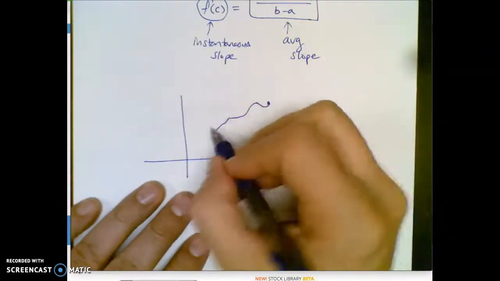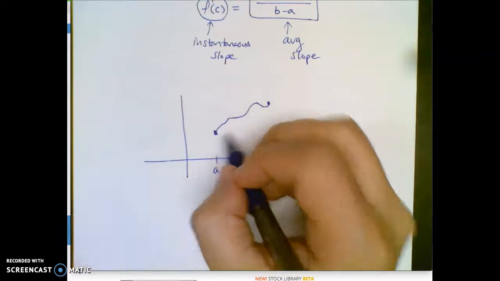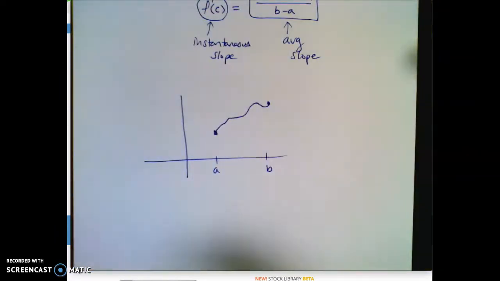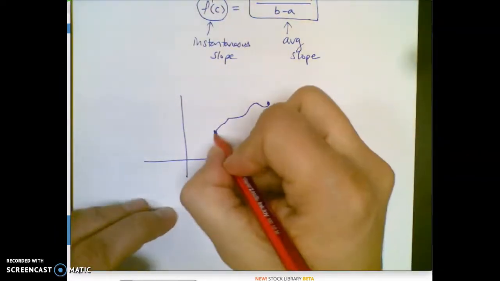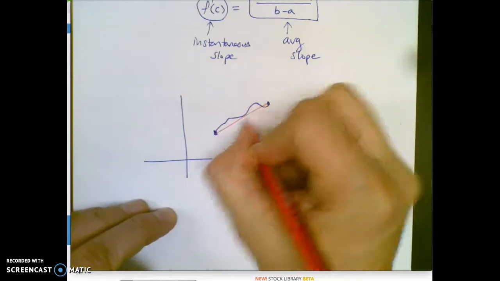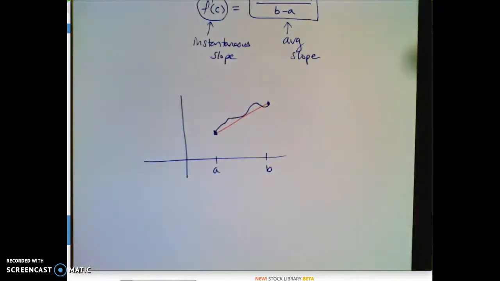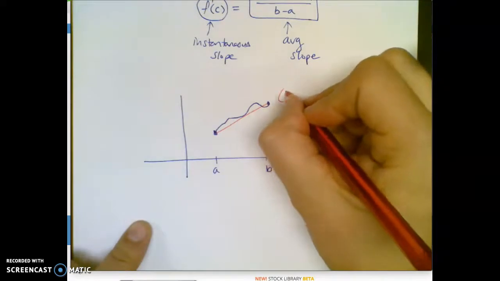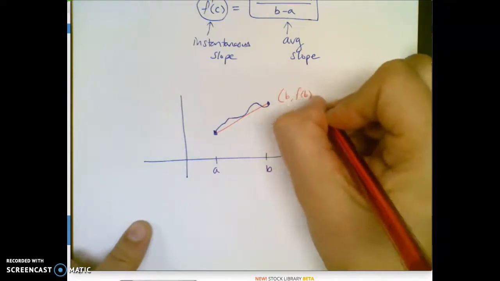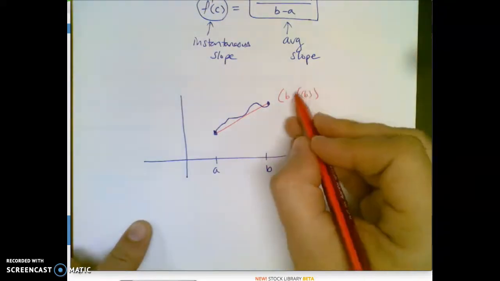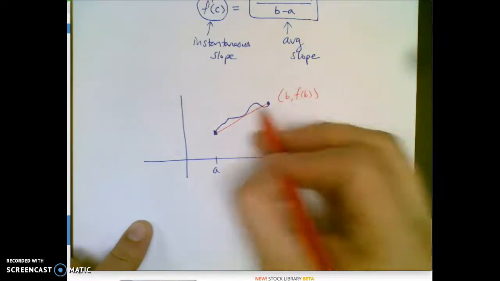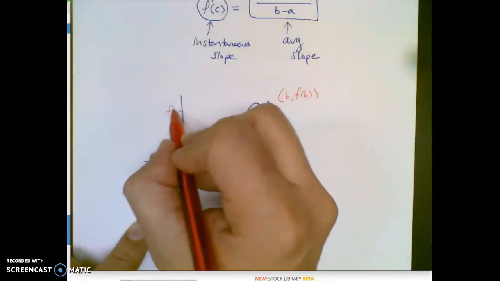At any point on here, you can look at the average slope. That's the easiest thing to find. So the average slope would be if I connected these 2 points with a line and took the slope of it. Because this point is at b comma f of b, right? That's the x and that's the y. Here's f of b.